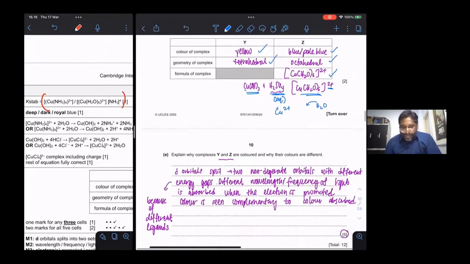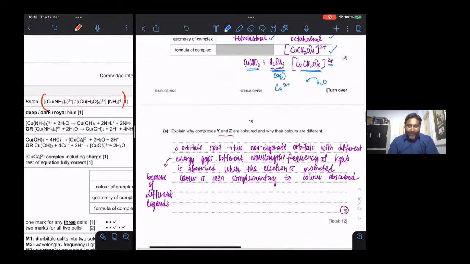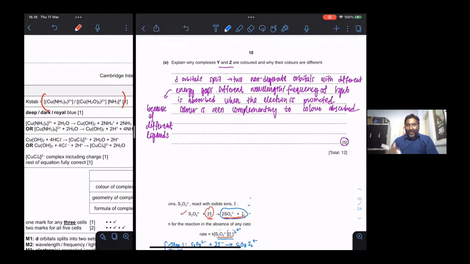Now the next part is to explain why the complexes X and Y and Z are colored and why the colors are different. So Y and Z are going to be attached by different ligands. So you need to mention the d orbitals of the complex. They split into 2 non-degenerate d orbitals, meaning they have different energy levels.